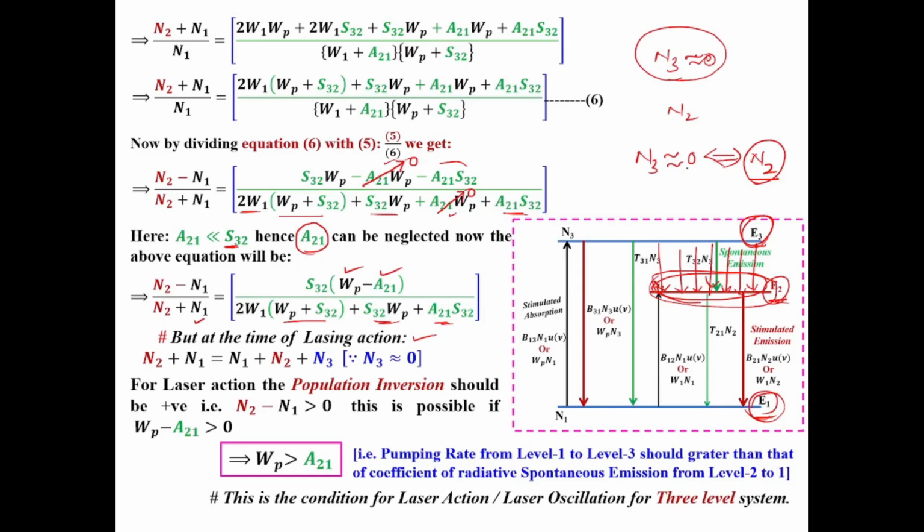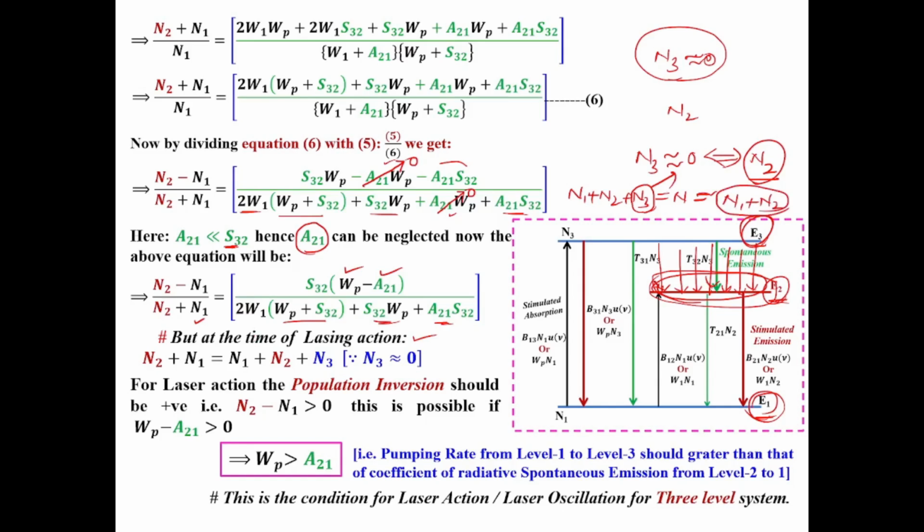So at the lasing action, the total number of atoms in the system, N1 plus N2 plus N3 equal to N, will be equal to how much? At the lasing action, N3 is approximately 0, so the total number of atoms will be equal to N1 plus N2.